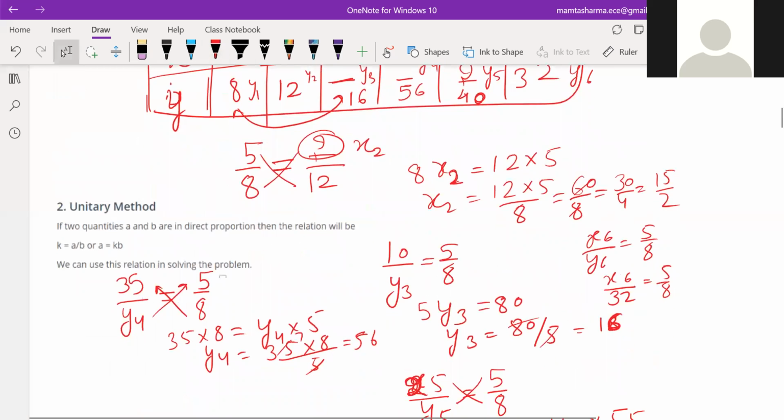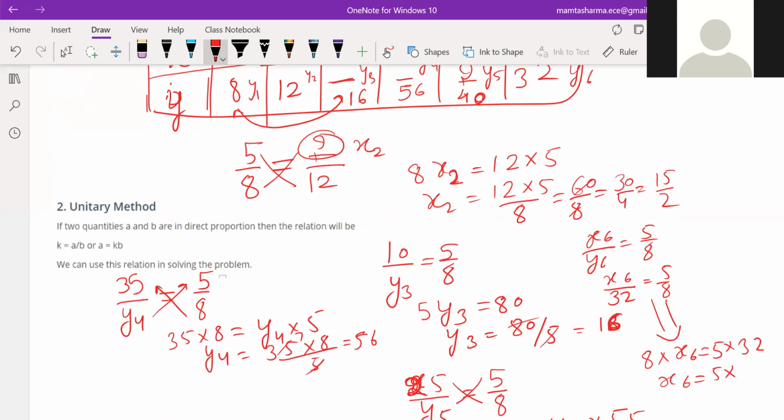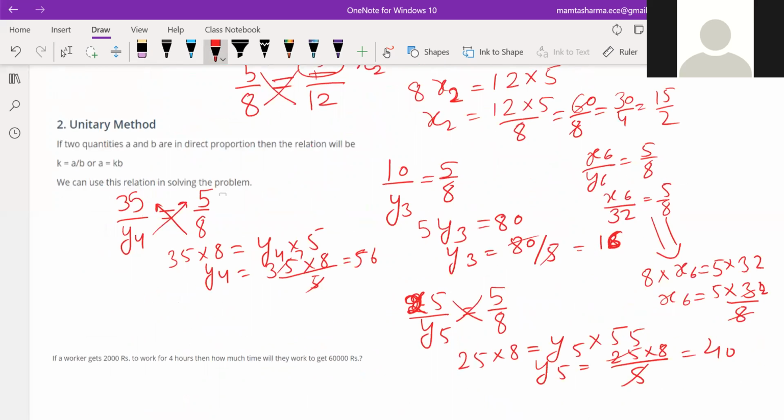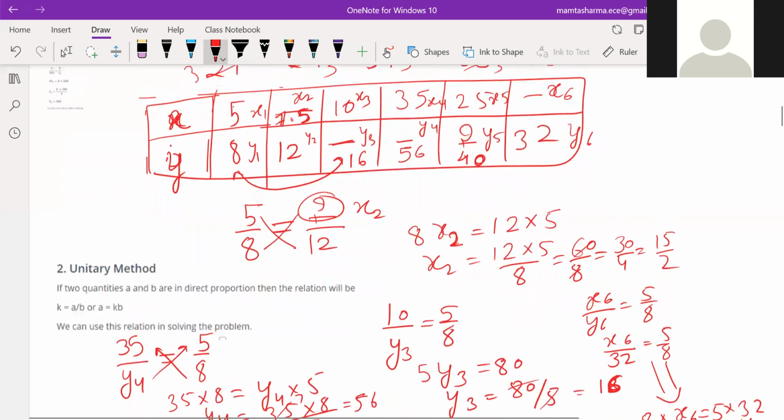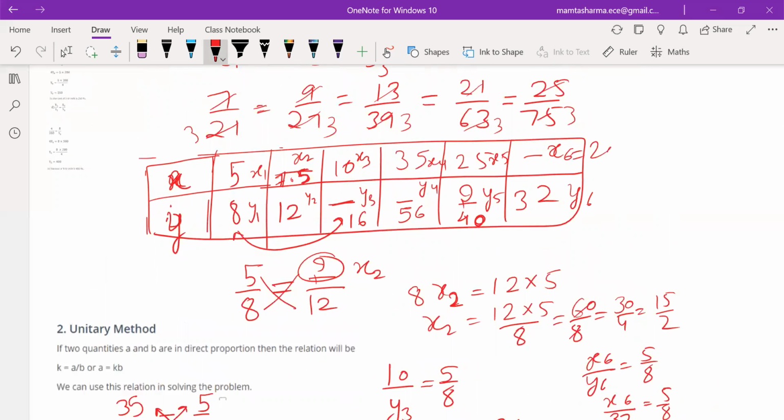Again, cross multiply. After cross multiplying, you will get 8 into X6 equal to 5 into 32. So X6 would be 5 into 32 divided by 8. 8 fours are 32. X6 would be 20.